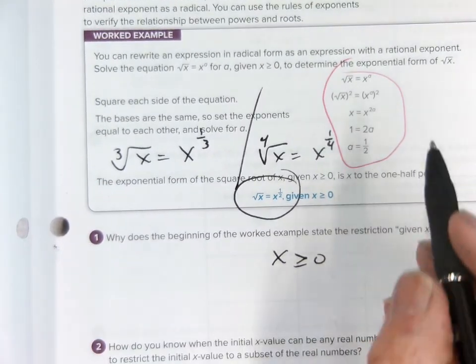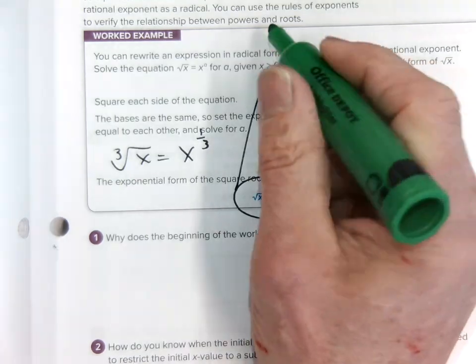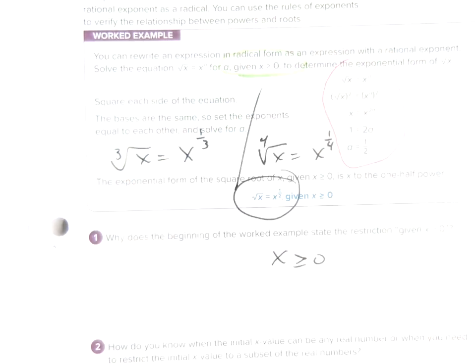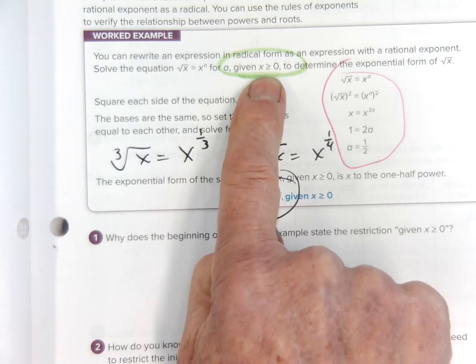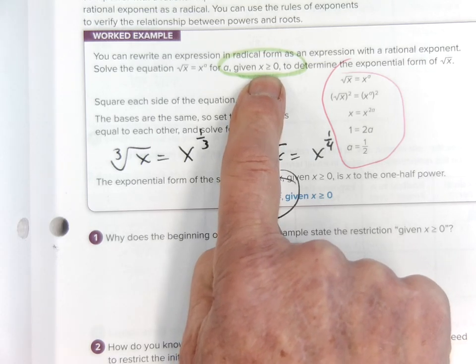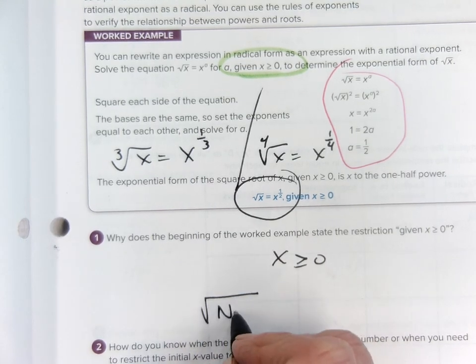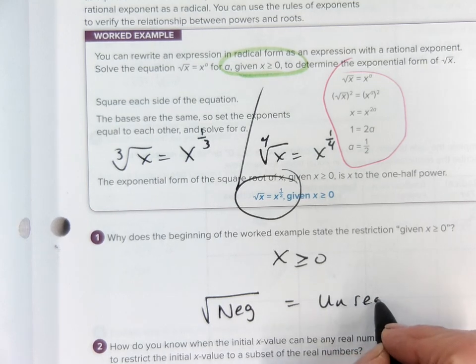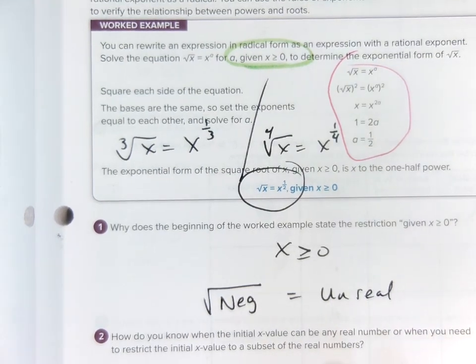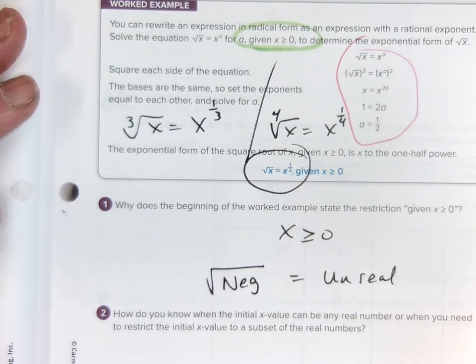So the book says make sure you keep in mind that x must be greater than or equal to 0. Well, why? You know the answer to this. Why is this important? You can't have the square root of a negative number. If you do, it's going to be unreal, and we are not doing imaginary numbers, so there's no solution.